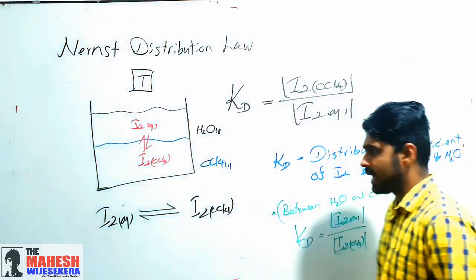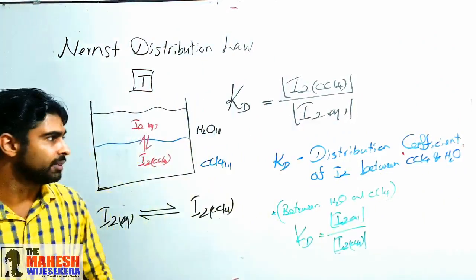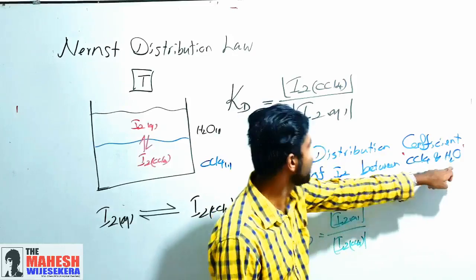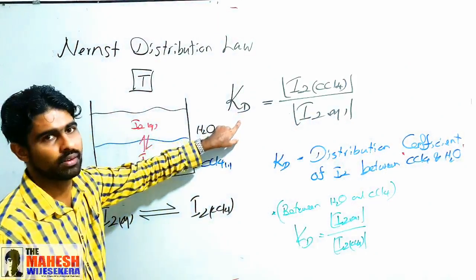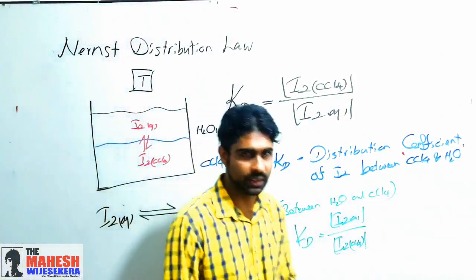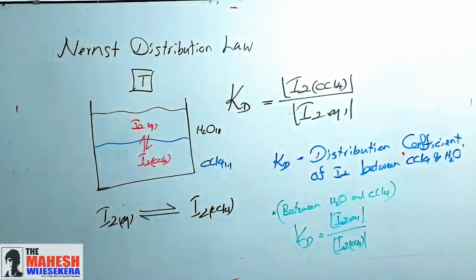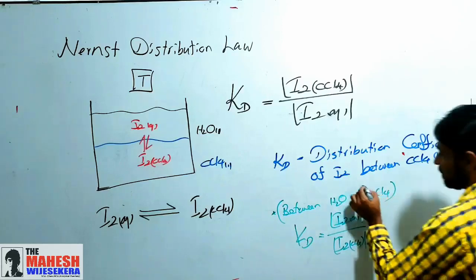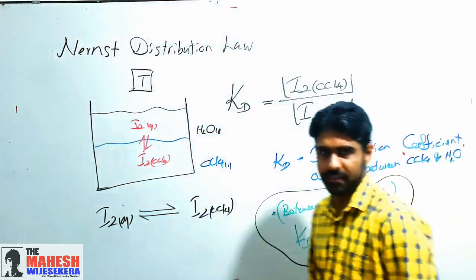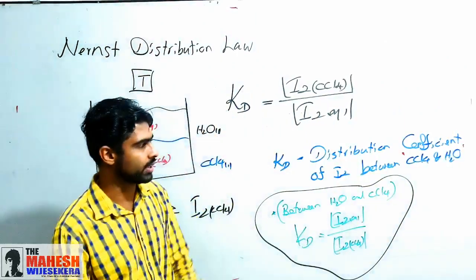Understood? It is not because of the equation, it is because of what we have written here. If it is CCl4 and water, that is this. But if we say between water and CCl4, you are writing it like this. So I want you to write this one separately, just to get some idea what is going on here. When you are writing, not now.